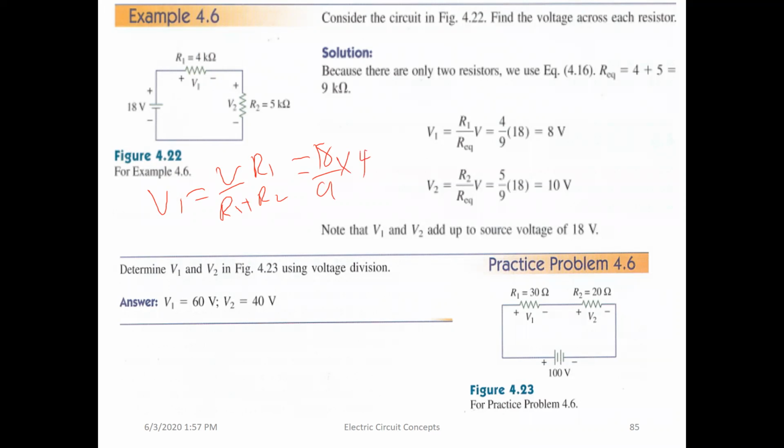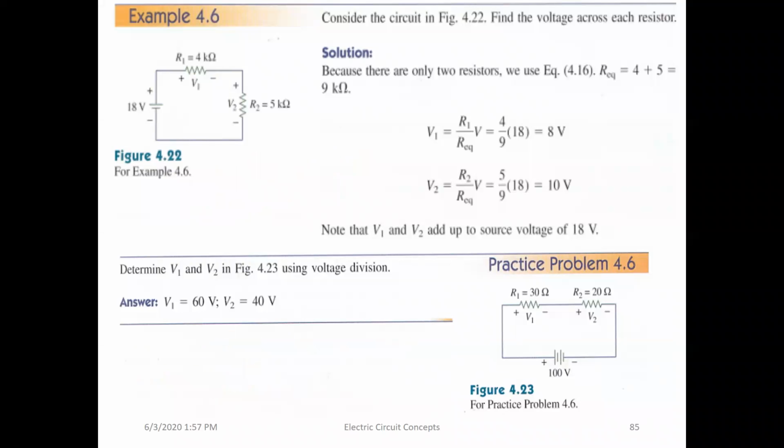The same for V2: V over R equivalent, which is R1 plus R2, multiplied by the resistance 5. V is 18 over R equivalent of 9, multiplied by 5, gives 10 volts. This is our second.